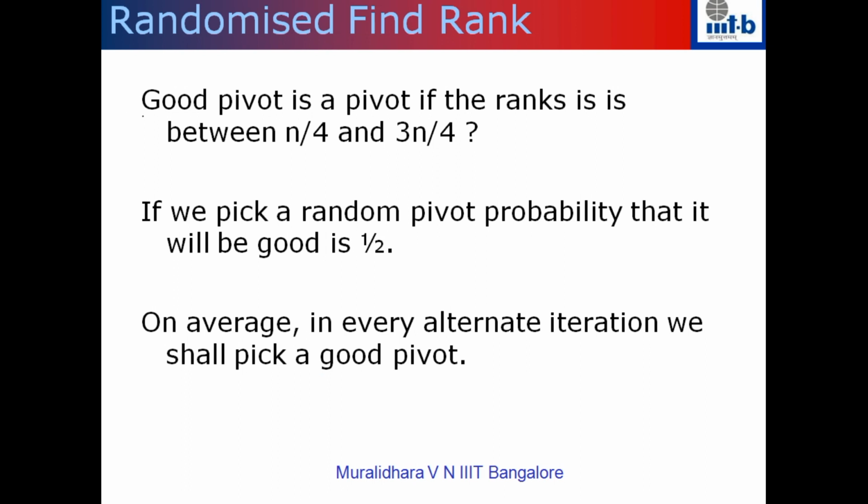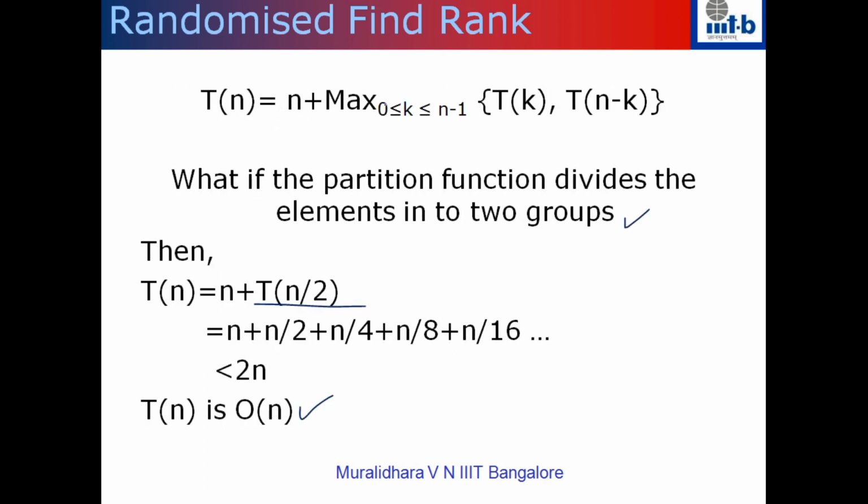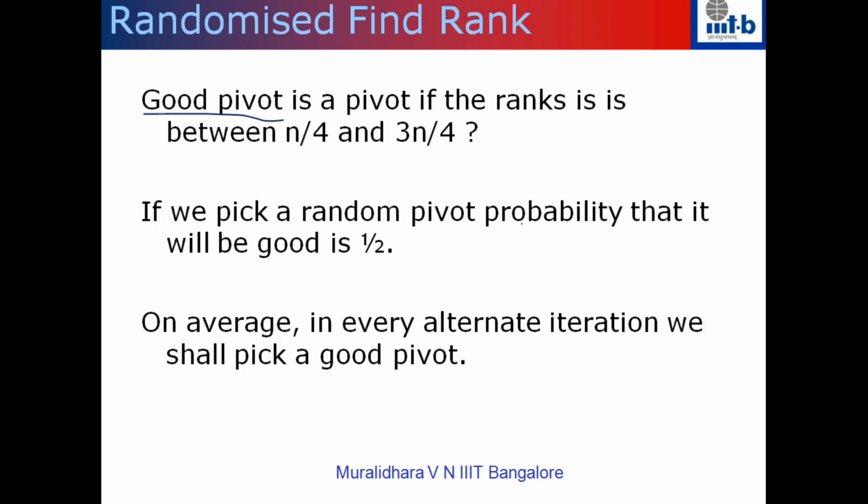That is, to partition exactly into two halves we would need the median, which is difficult to find. So let me define: a pivot is said to be a good pivot if the rank of that number is between n by 4 and 3n by 4.